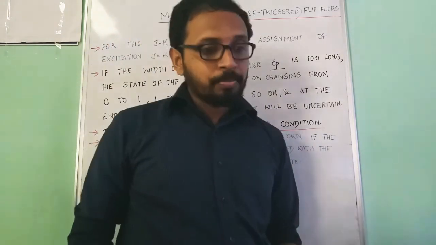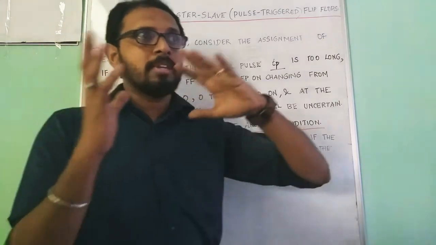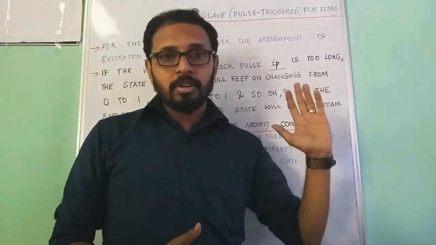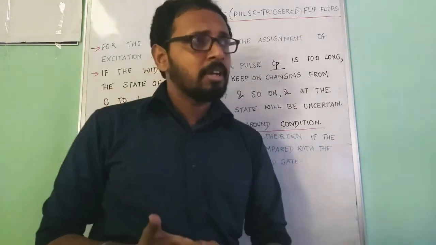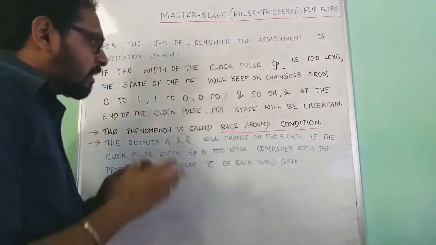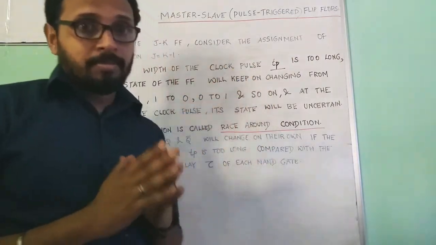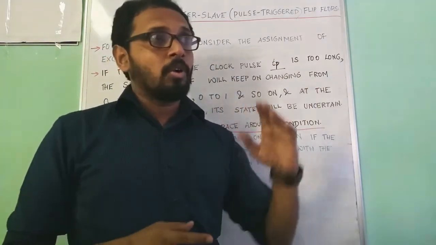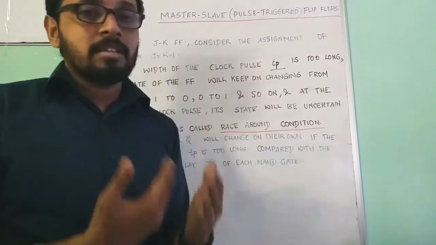So there is no need to go into the depth of this particular condition. We can have a lot of theories based on this, but I will say that this is enough. What is the reason for such a shift from 0 to 1, 1 to 0, and why is there uncertainty occurring?